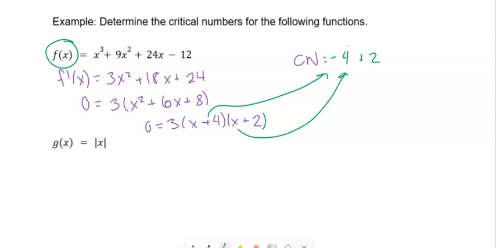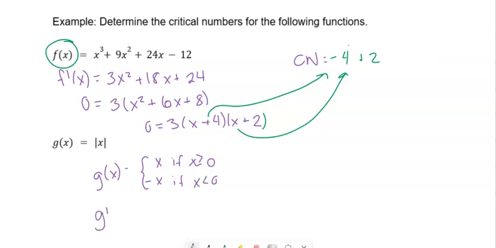Here's another example where we've got another function, and this function could actually be represented as a piecewise function. Remember from last year. We have the situation where the function is actually just x if the value of x is bigger than 0, and the function is negative x if x is less than 0.